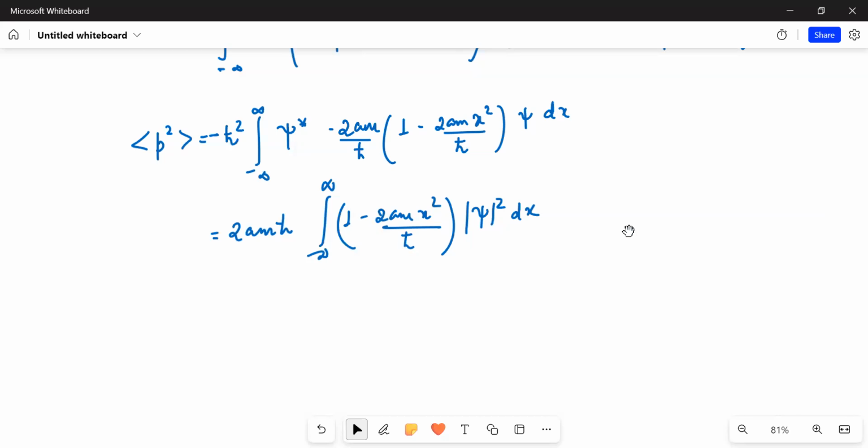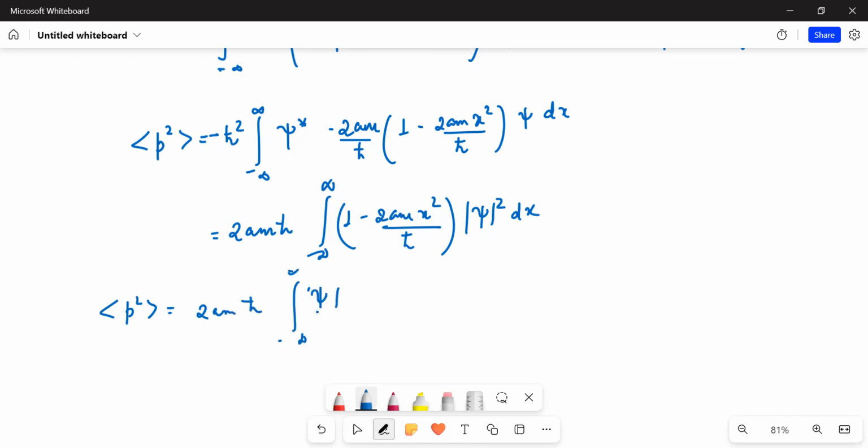Okay, and I understand that if I integrate this from minus infinity to plus infinity, I don't want to use that expression of psi, because after all, if I want to write the first term in this integral, this will be equal to the integral from minus infinity to plus infinity of mod psi whole square dx.